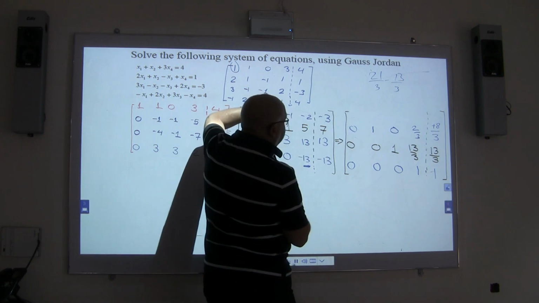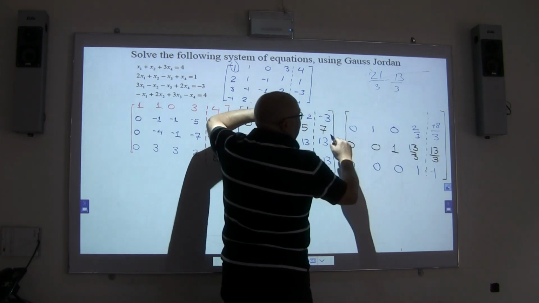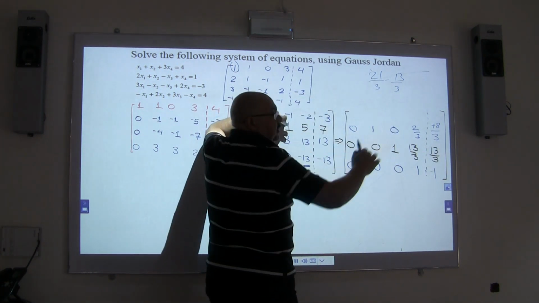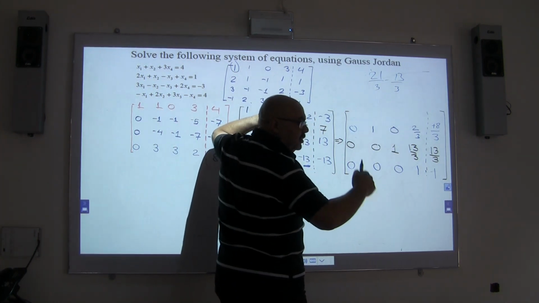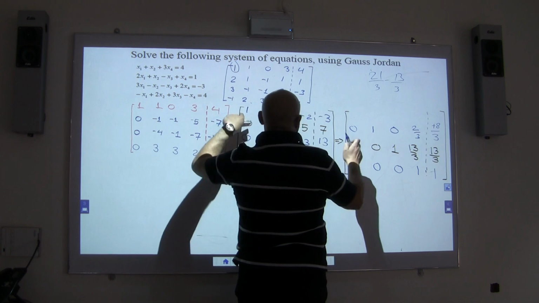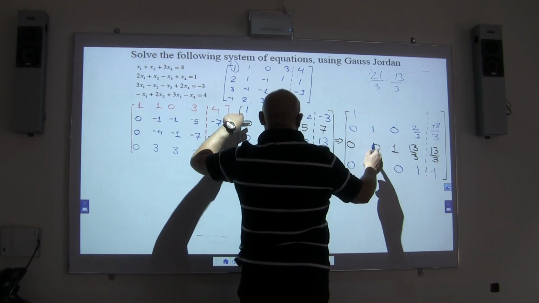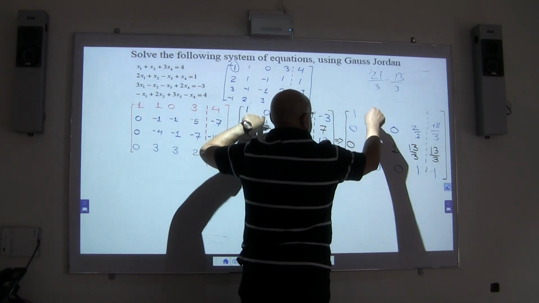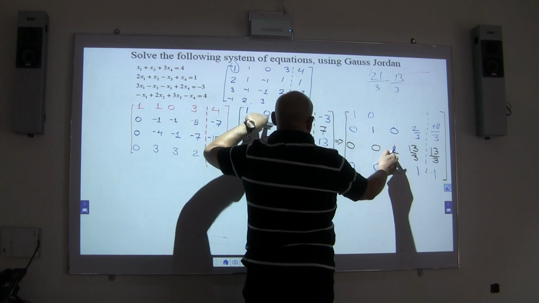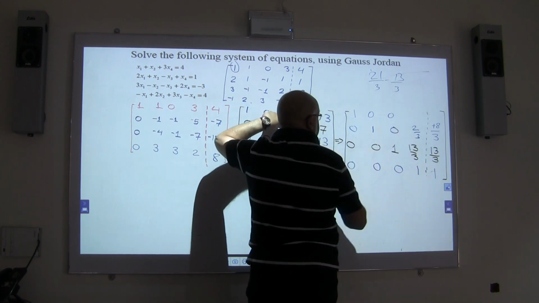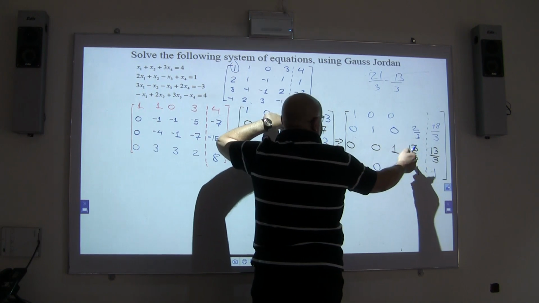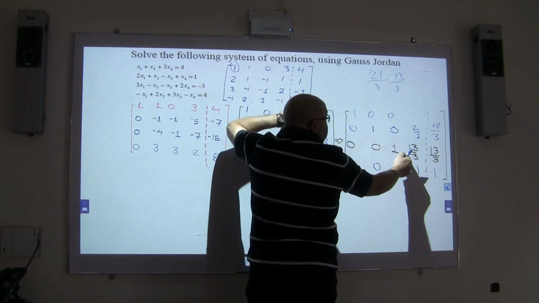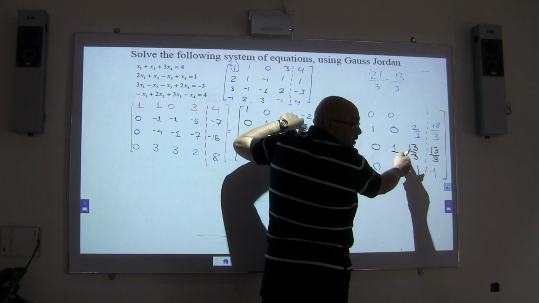But instead of 0 it has a one, so I will add this row on the first row, or multiply by positive 1 then add it, it's similar. 0 plus 1 is going to equal 1. 0 plus 0 is going to equal 0. 1 plus negative 1 is going to be 0 also. 13 over 3, and this is minus 6 over 3.